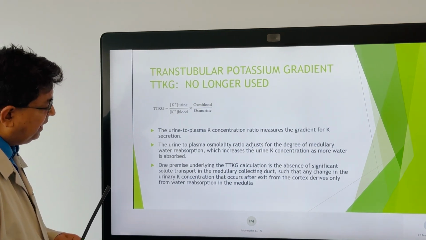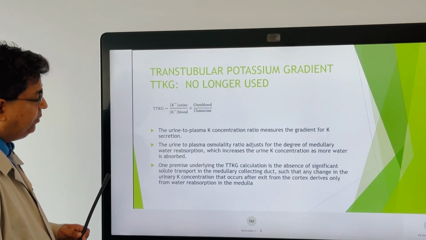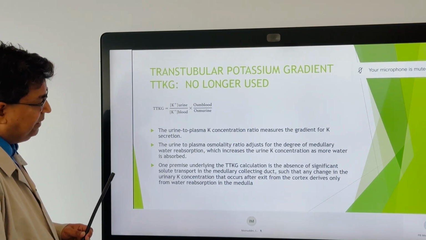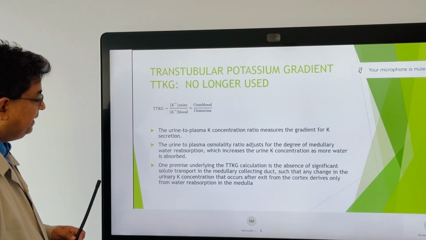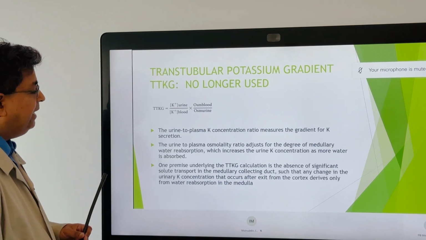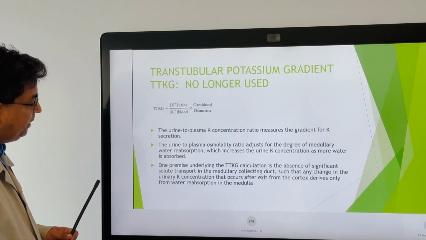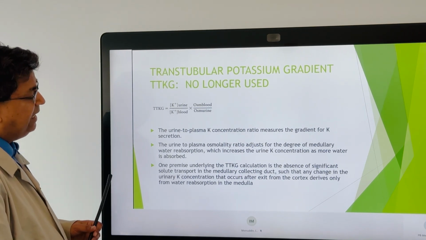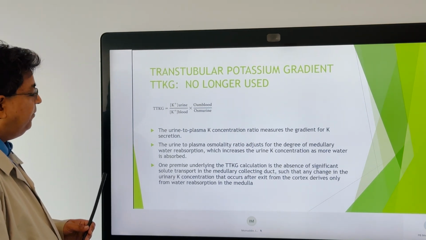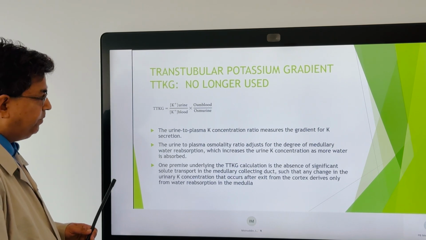One premise underlying the transtubular potassium gradient calculation is the absence of significant solute transport in the medullary collecting duct, such that any change in the urinary potassium concentration that occurs after exit from the cortex derives only from water reabsorption.